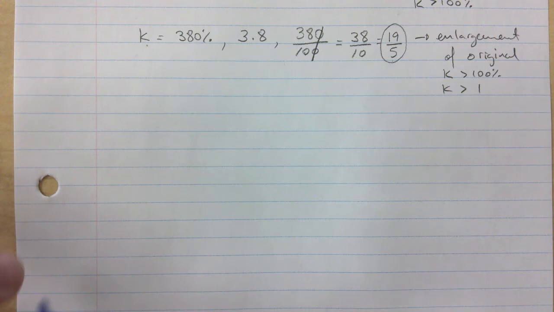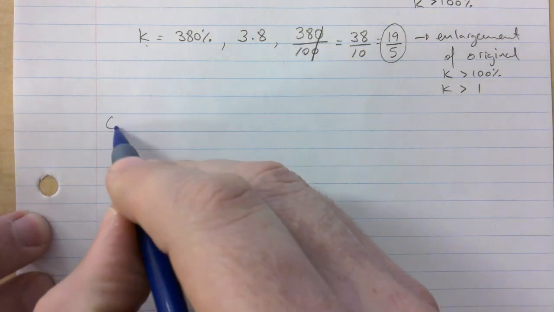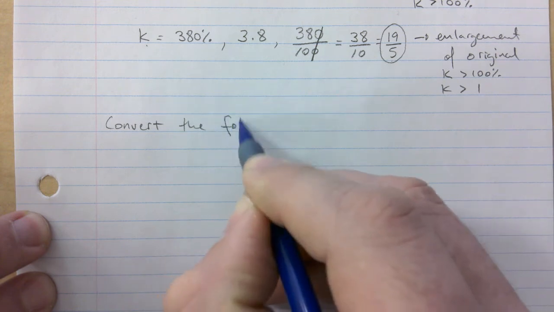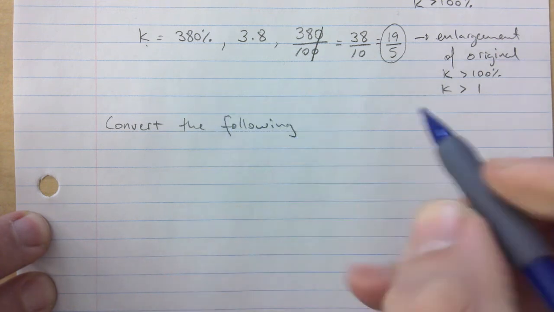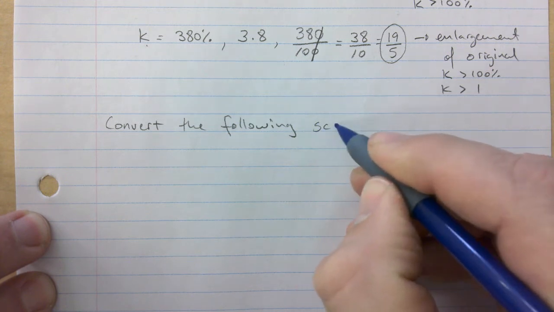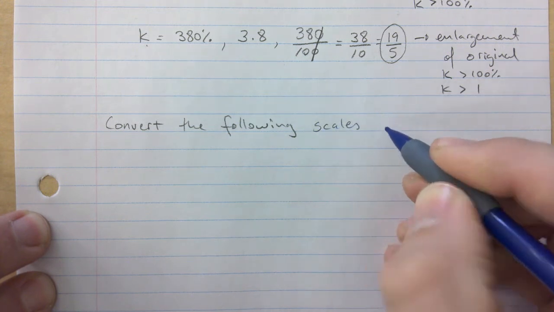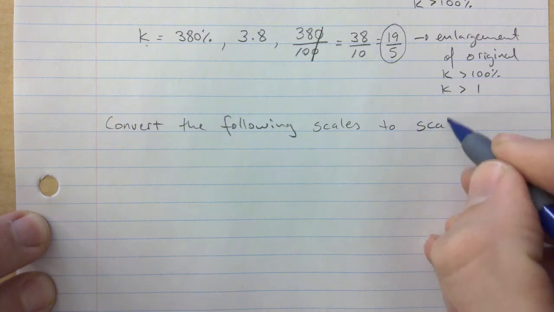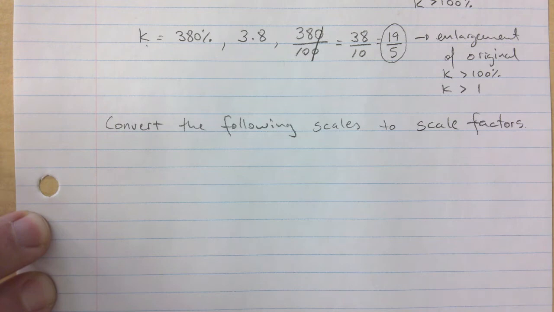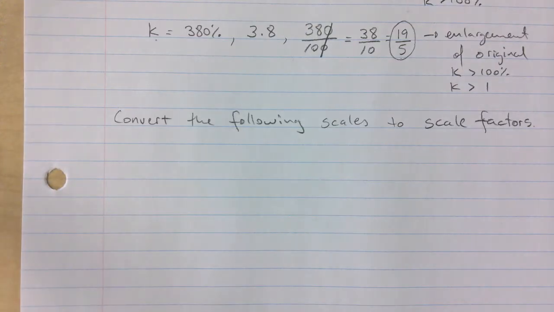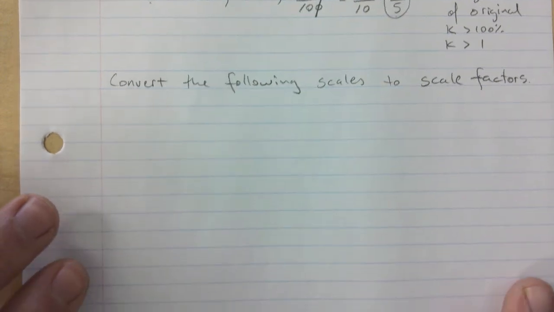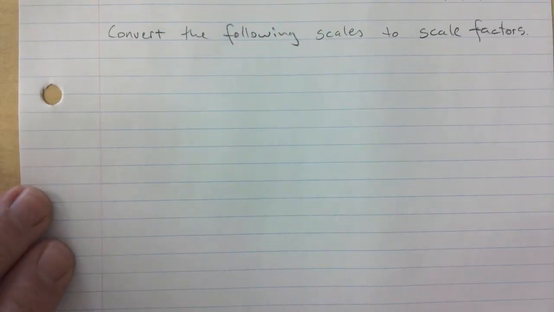Okay, so here we go. Convert the following scales to scale factors. And this skill right here will not per se be asked of you, but when there are word problems, you're going to have to be able to do that to go from a scale to a scale factor.